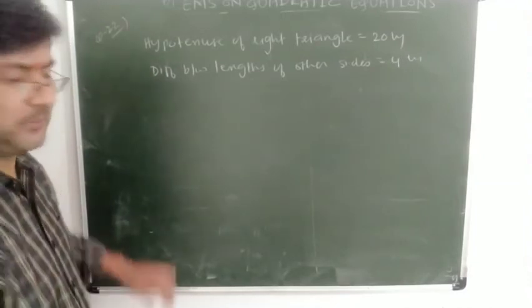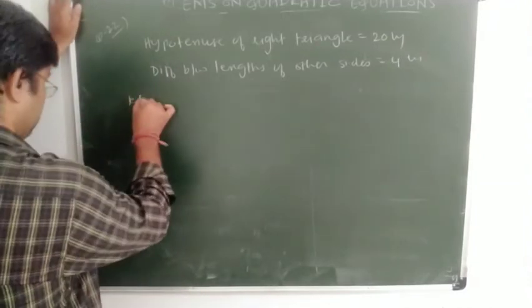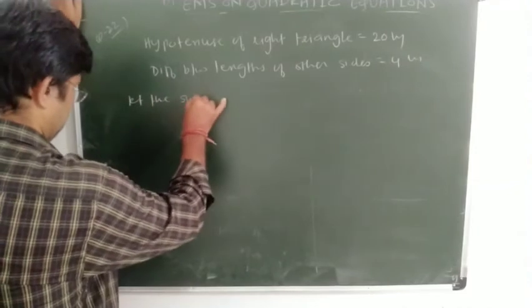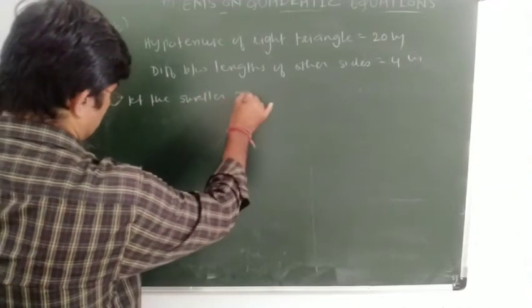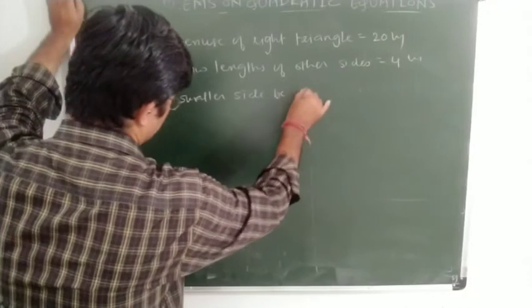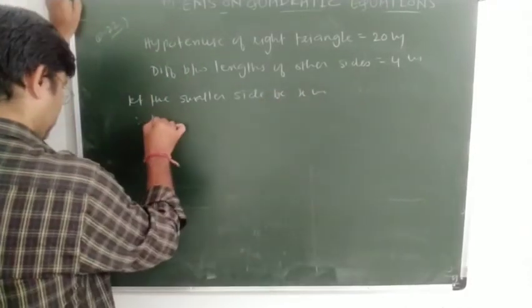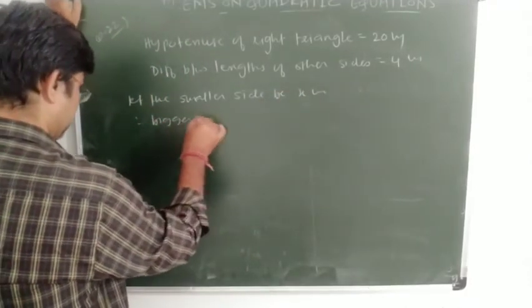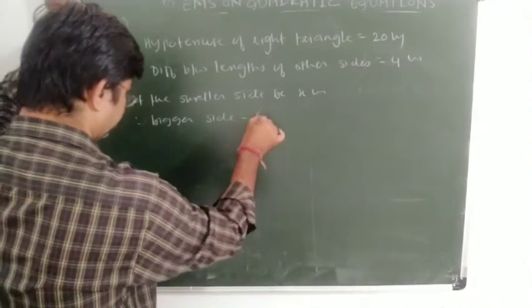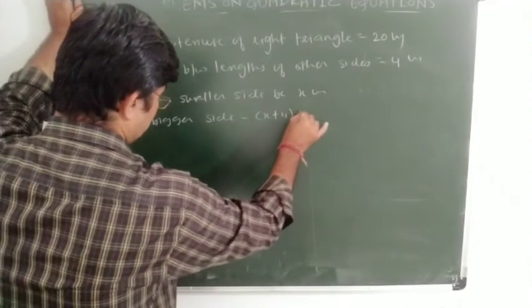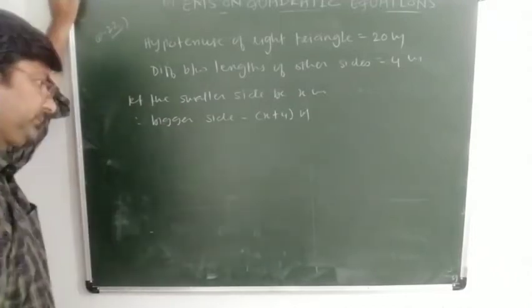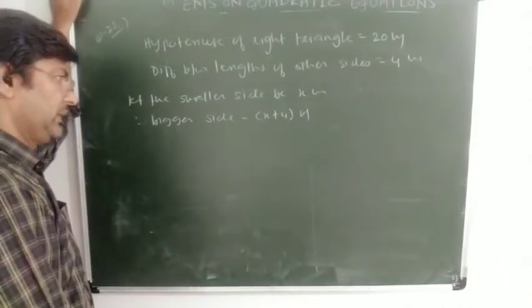Let the smaller side be x meter, and therefore the bigger side will obviously be x plus 4 meter. Okay, now we have 3 sides.